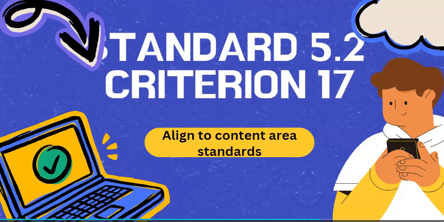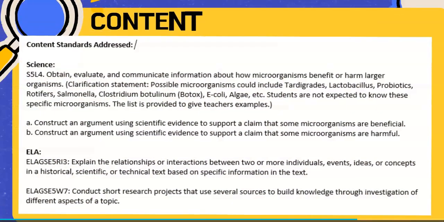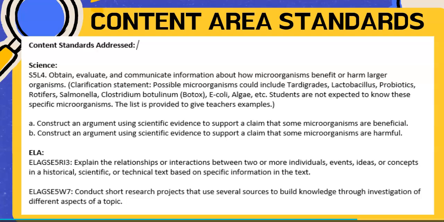Standard 5.2, Criterion 17, aligned to content area standards. So our content area standards for this Engaged Learning project included science and language arts standards. So for science, we had obtain, evaluate, and communicate information about how microorganisms benefit or harm larger organisms.